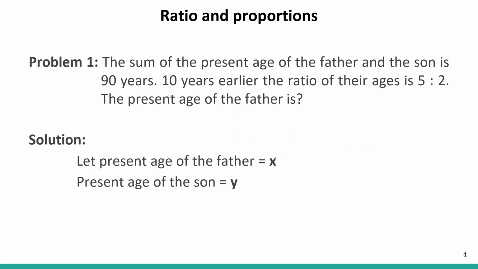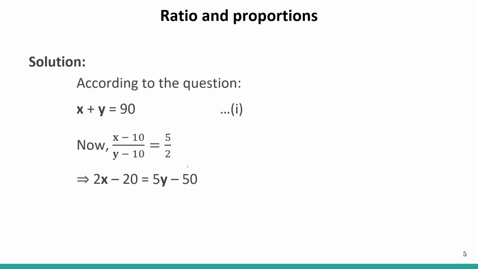Let the present age of father be x and the present age of son be y. According to the question, x plus y is 90. But 10 years before, their ratio was 5:2, which in fractional form is 5/2. So before 10 years, the ages will be x minus 10 and y minus 10.